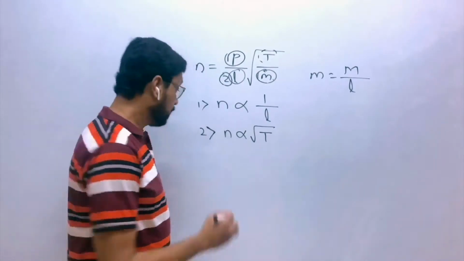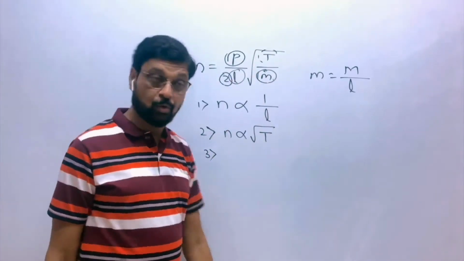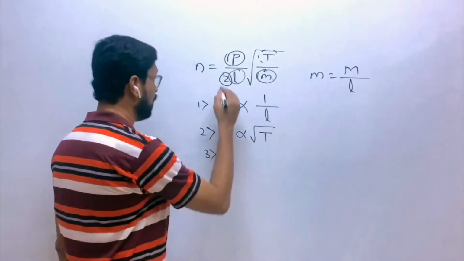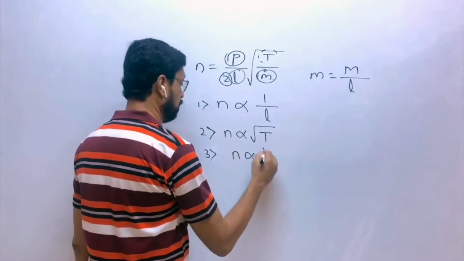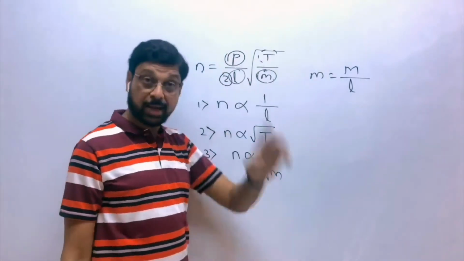Second law हो गया. Third law, naturally क्या रहेगा? अगर L और T constant रखते हो तो n will be inversely proportional to root m. So n is inversely proportional to root m if these two are kept constant.